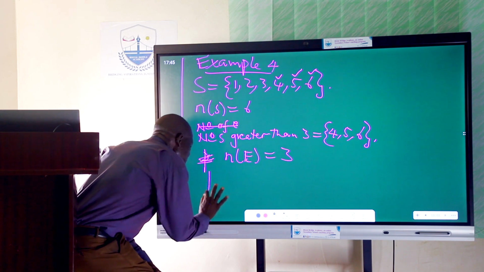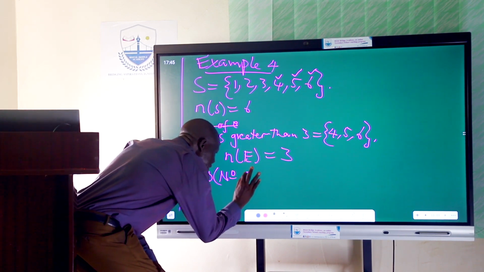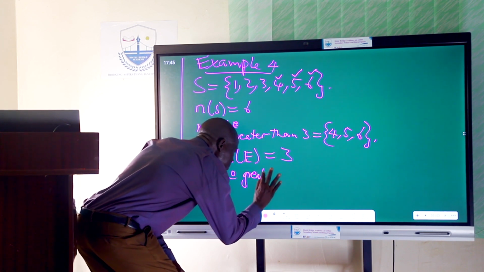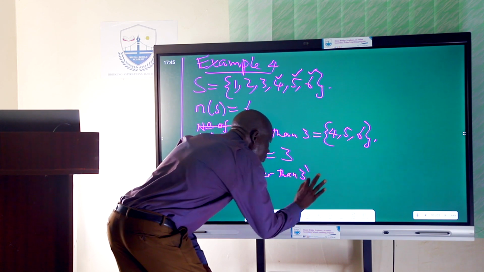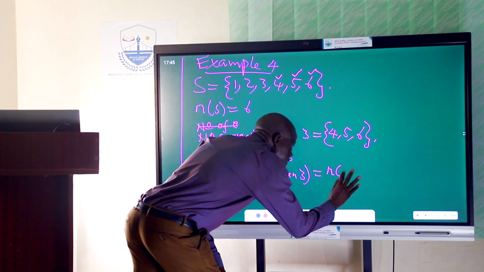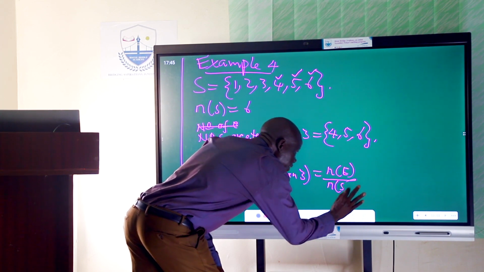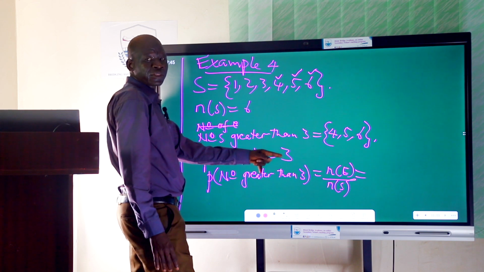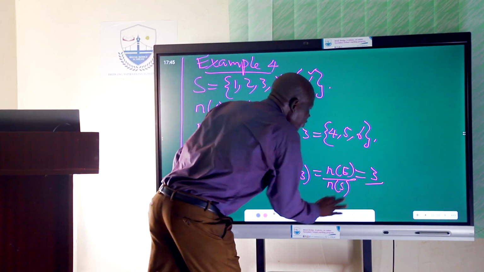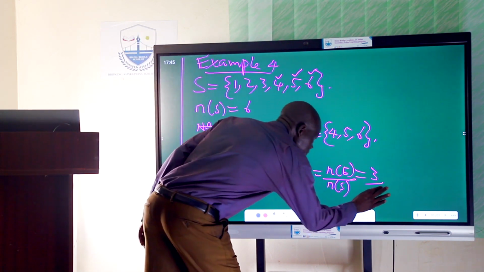3. So the probability of getting a number greater than 3 will equal the number of events over the number of sample space, whereby the number of events, there are 3 of them, over the number of sample space, which is 6.